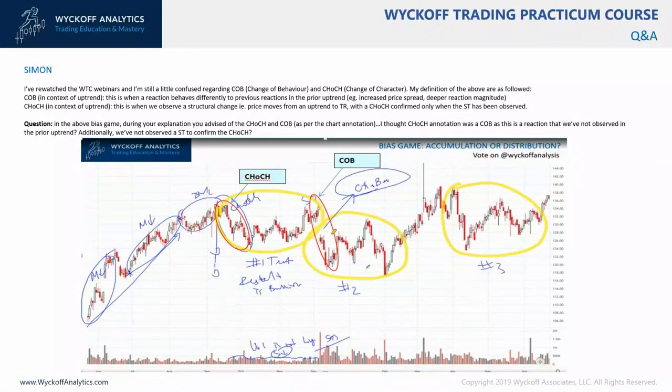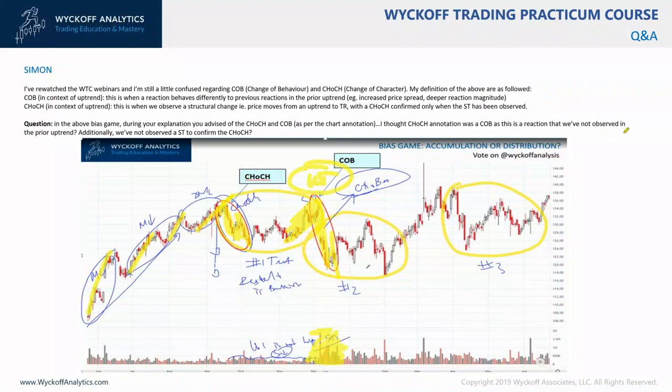But then we could say that a change of behavior is happening here on this rally. Instead of each rally producing the new high, this upthrust rally is not. And that's a change of behavior. And then another change of behavior: instead of producing a more stable reaction, we actually have a reaction where we have a lot of supply.